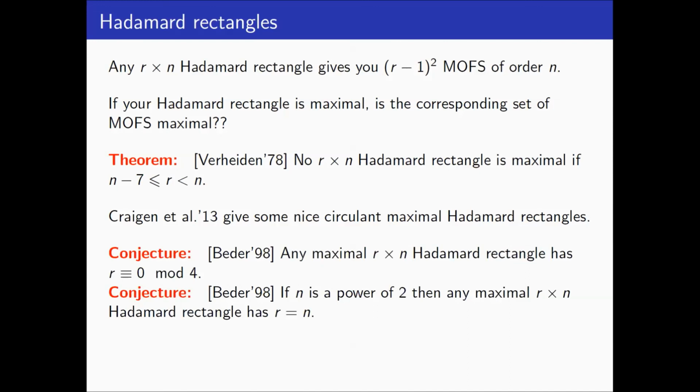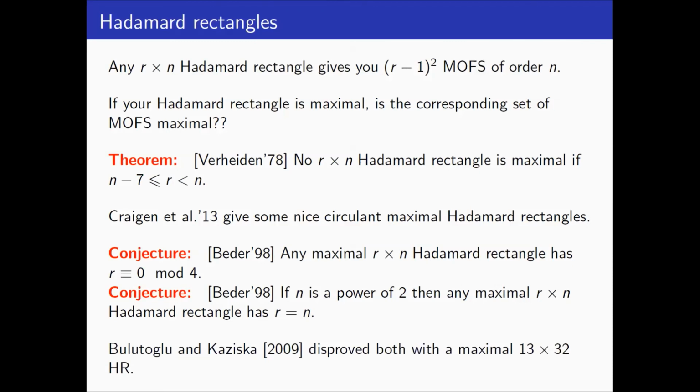There was a conjecture of Bieder, who looked at the data for small orders and thought that all R by N maximal Hadamard rectangles would have to have R a multiple of 4, and that it wasn't possible to get anything non-trivial when N is a power of 2. And that's kind of deceptively what you might think if you look at the data up to say N is 12.